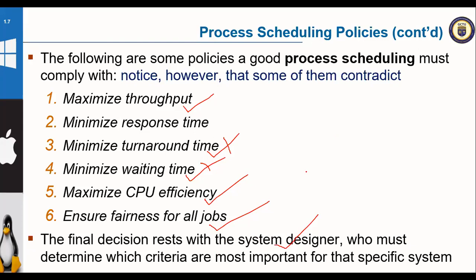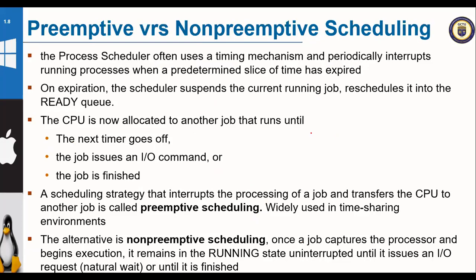Now, before we start with the scheduling algorithms, let's take note of preemptive and non-preemptive scheduling. Now, the process scheduler often uses a timing mechanism. I am sure I have always talked about this CPU timeline here.